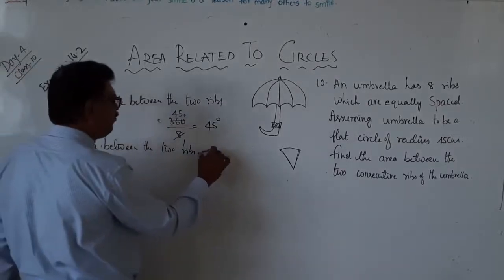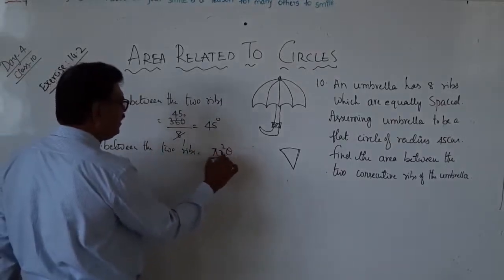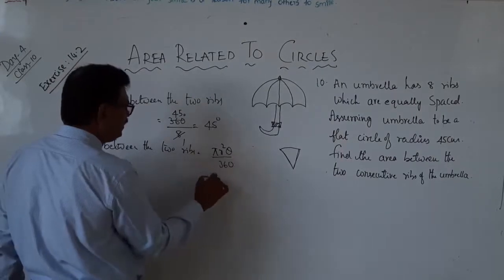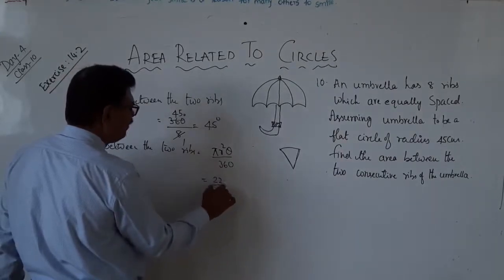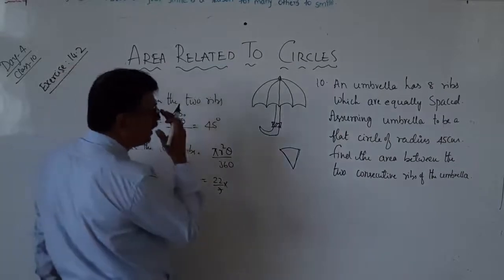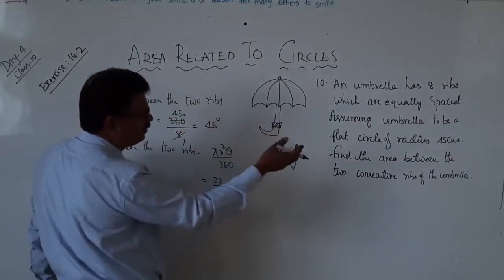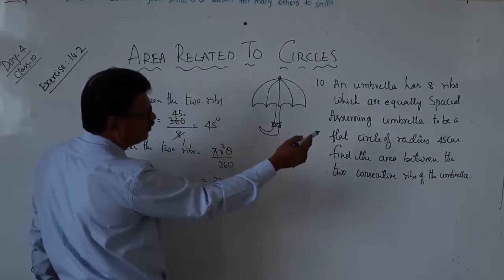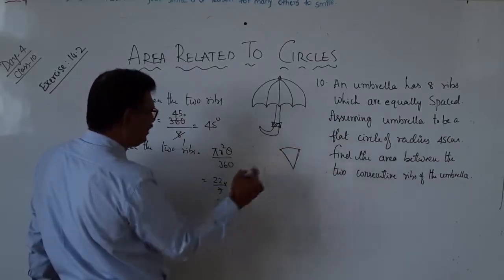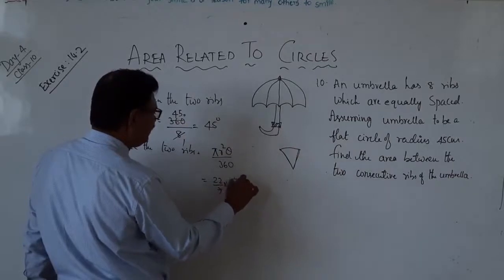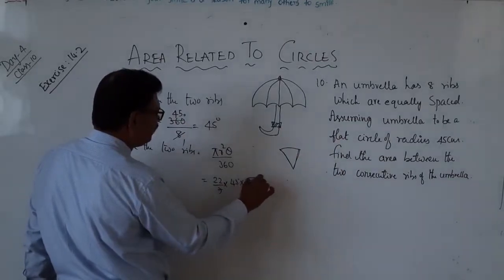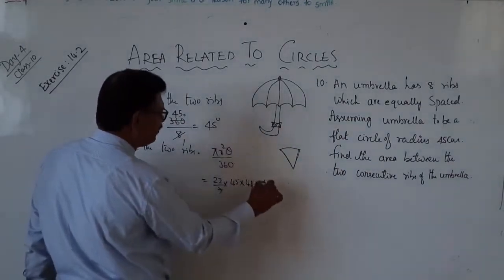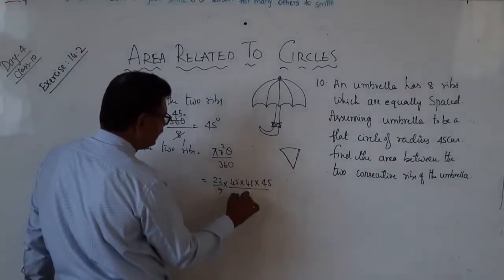It is nothing but pi r square theta by 360. Therefore 22 by 7 into r. R is how much? The umbrella is a flat circle of radius 45. So 45 into 45 into theta, which is also 45, divided by 360.